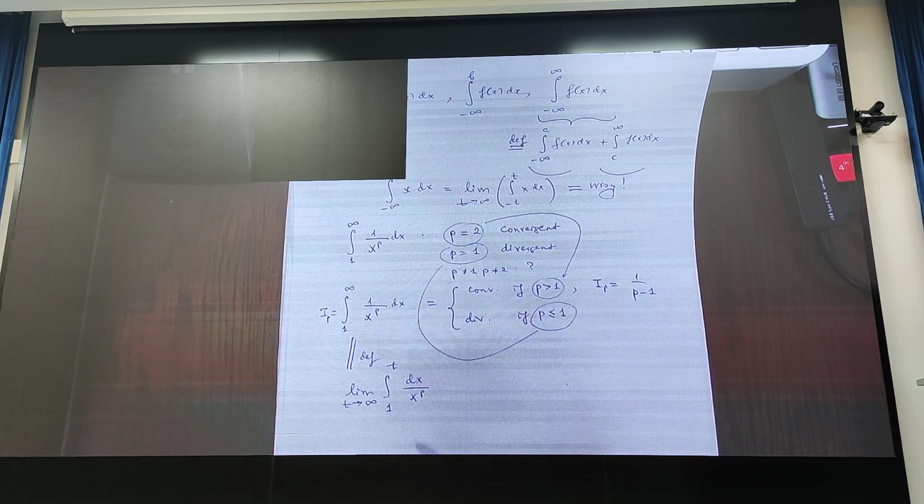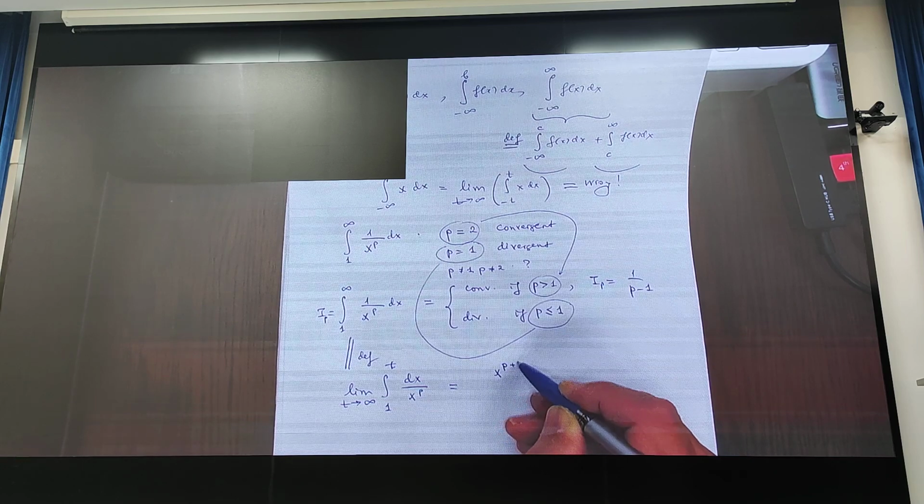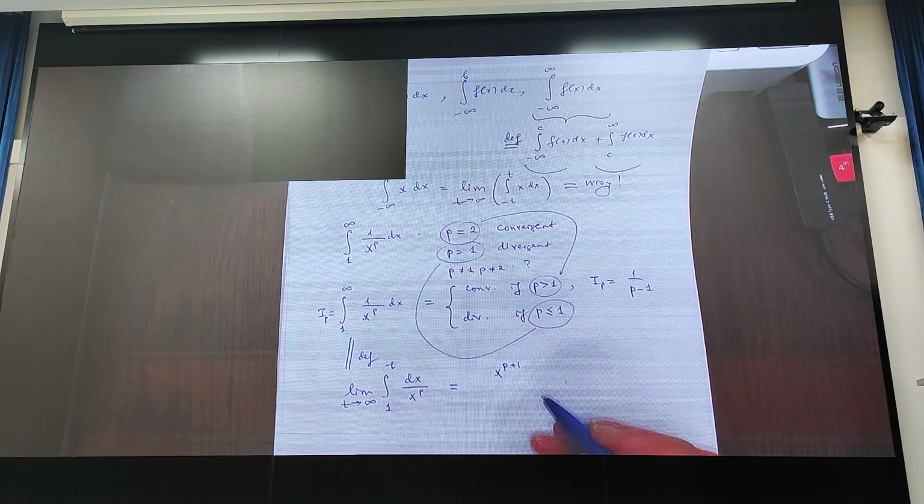So what is that? This is x^(p+1) over p+1. If we want to take, oh my god, what happened right here?